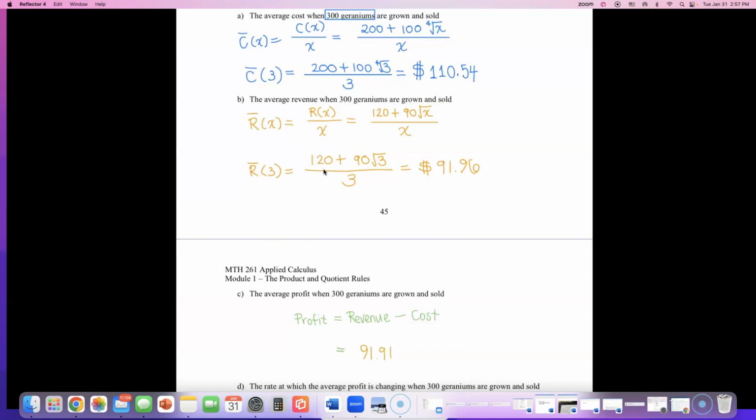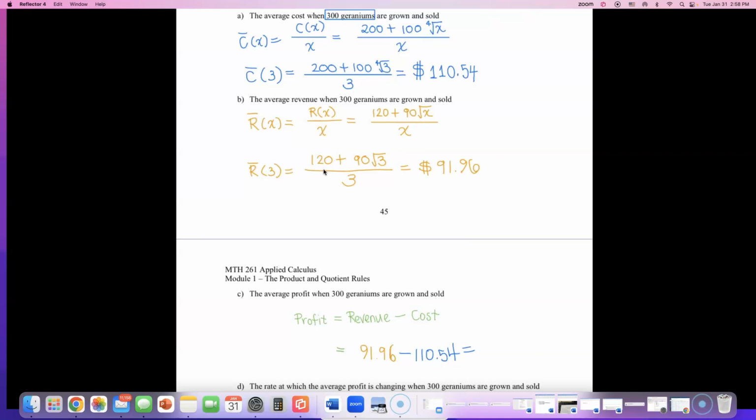Oh my goodness, look at that. We got bad news for this company. We're subtracting 110.54. If you subtract these, 91.96, I'm sorry, I should have written 96. Let me fix that. 96 minus 110.54.